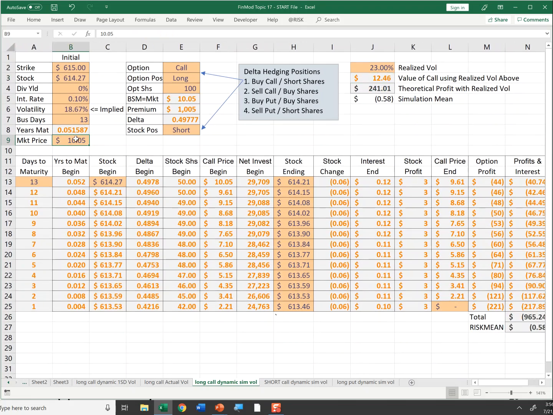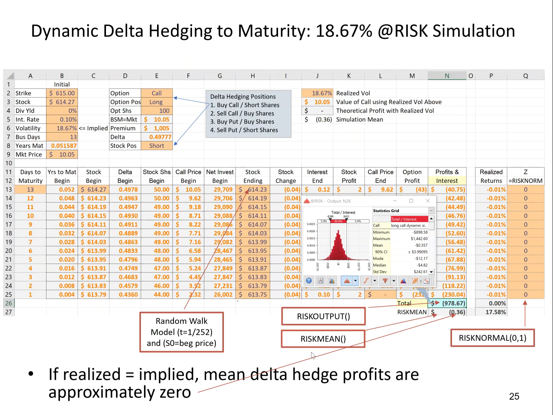And if I take the difference between $10 and what I valued it at using my volatility estimate, I thought I'd make the difference between 12.46 and 10.05 times 100 shares. That's 241.